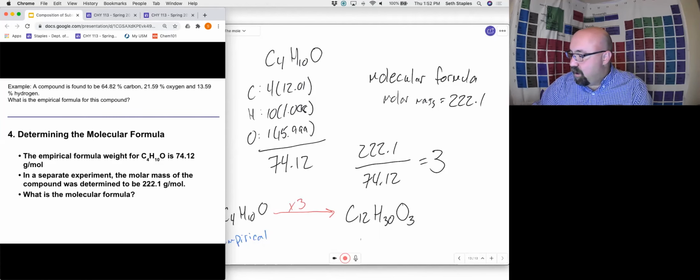And that is now our actual molecular formula of this unknown compound. So you would have to be given this additional information. You would have to be told what the molar mass of the whole unknown compound is. You have to have that in order to scale up from the empirical to the molecular weight.